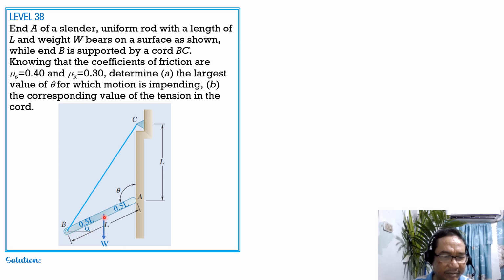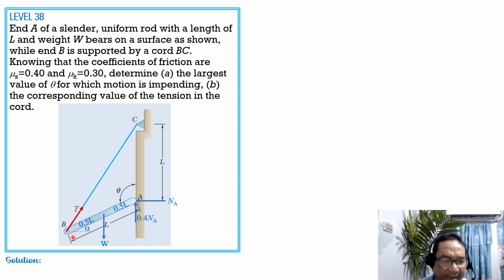The distance of W from either end of AB is 0.5 L cosine of alpha, and the vertical distance is 0.5 L sine of alpha, as shown. So we have NA, friction, which is upward, 0.4 of NA. So that's the free body diagram. And then let's apply the tension in BC as T.